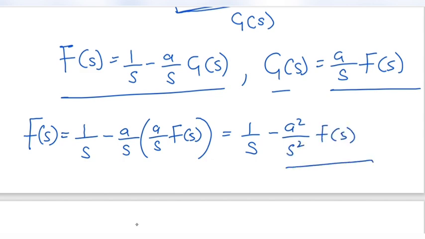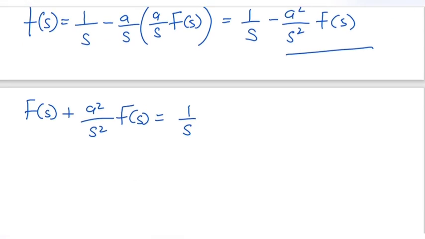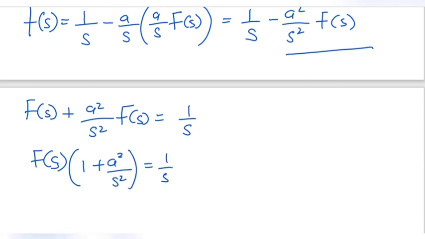If we take this term across the equal sign, we're going to have f of x plus a squared over x squared f of x equals to 1 over x. And this is same as f of x into 1 plus a squared over x squared equals to 1 over x.